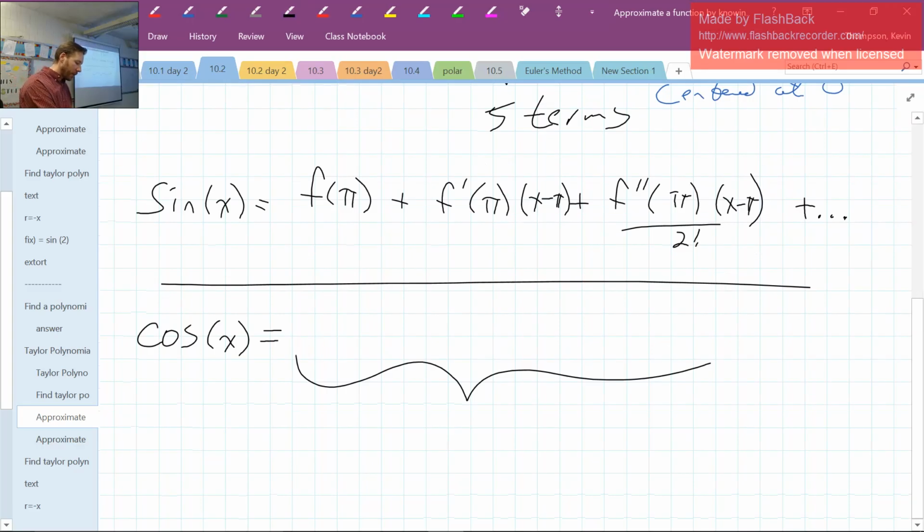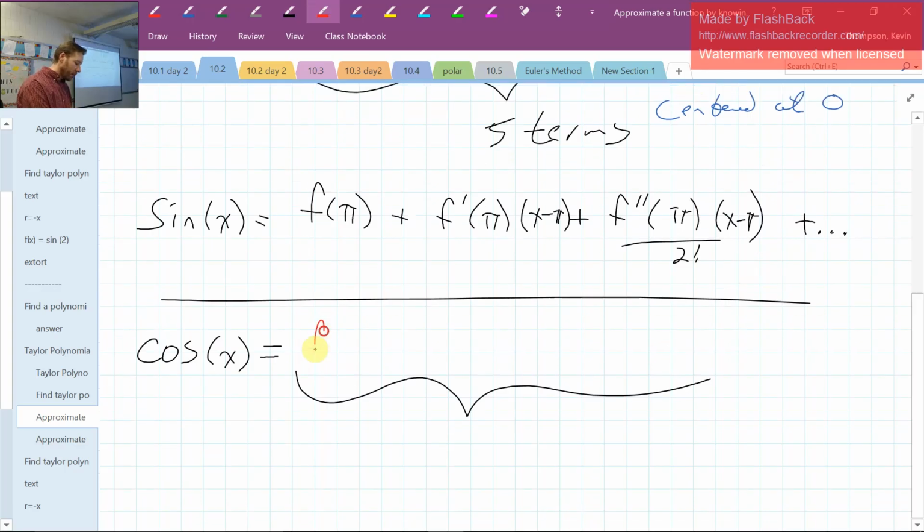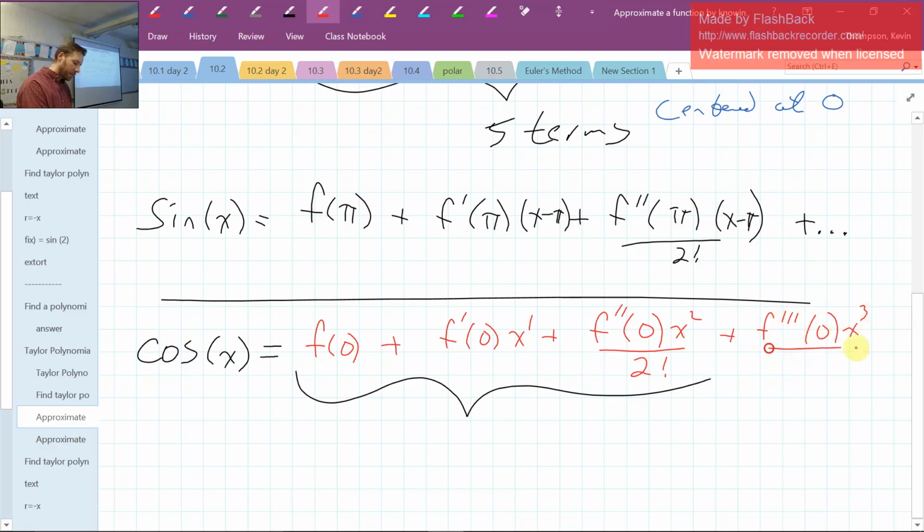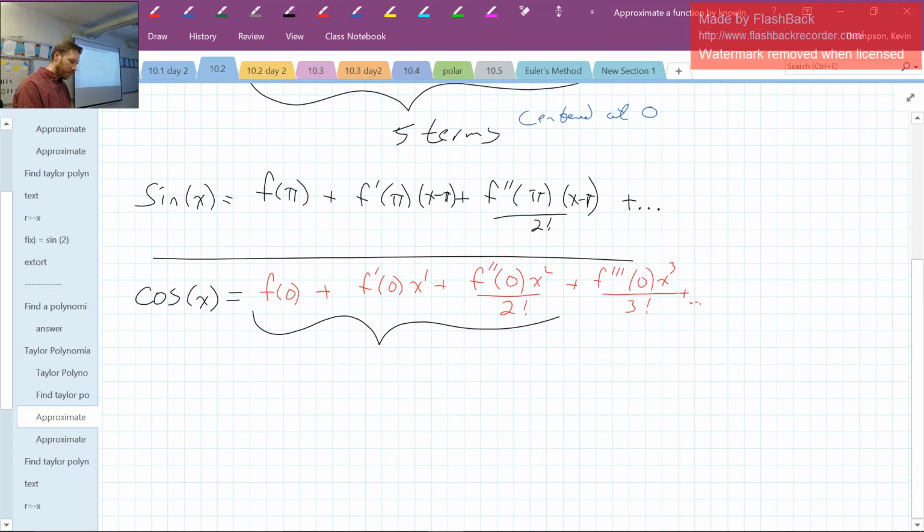You're going to have to build these, and this is a really common BC question. Where we're centered, f is 0, f prime is 0, x first, f double prime, etc. The difference now is that f of 0 is not 0, f of 0 is actually 1.